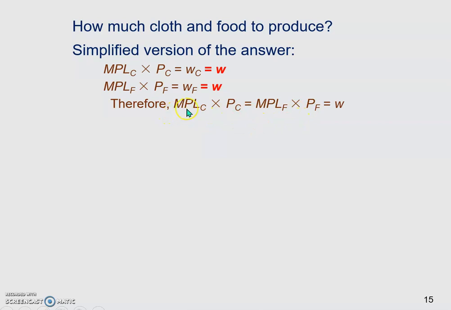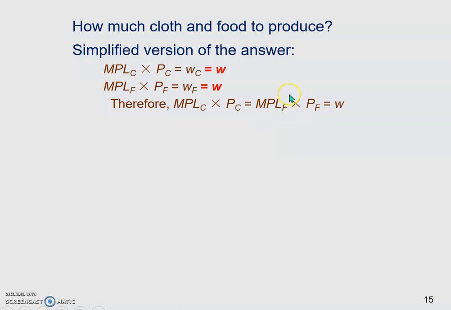All right, how are we going to move these? One way you can understand this is we could divide both sides of the equation by MPLC. So on the left-hand side, this guy gets canceled out. On the right-hand side, you find MPLF divided by MPLC. Similarly, we can divide both sides of the equation by price of food, PF.